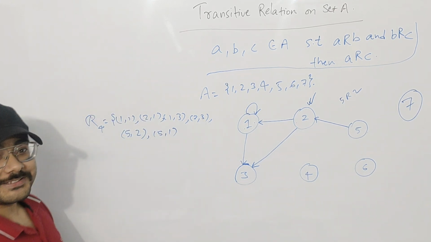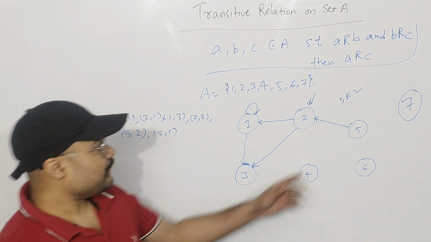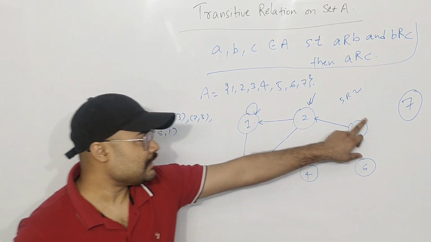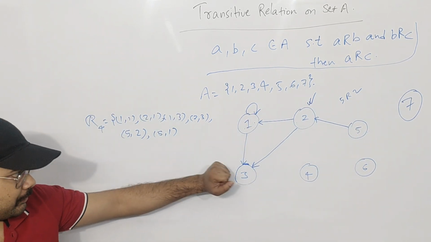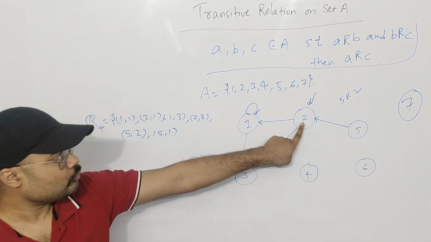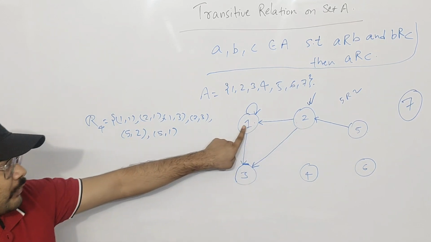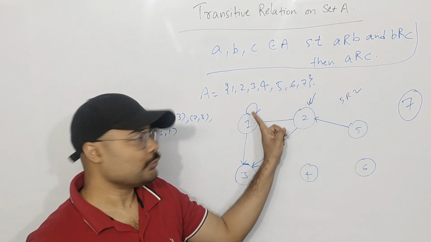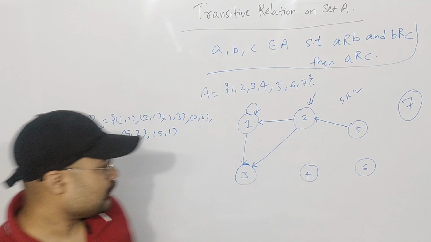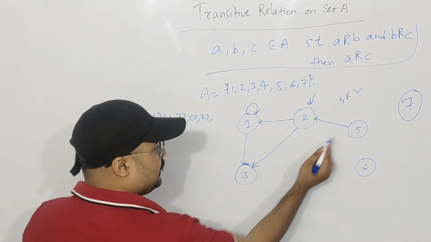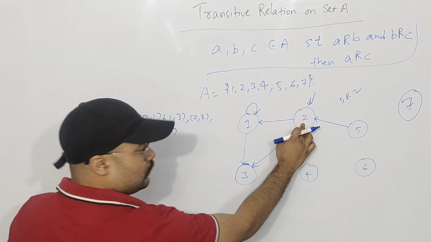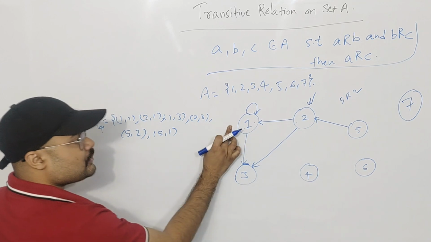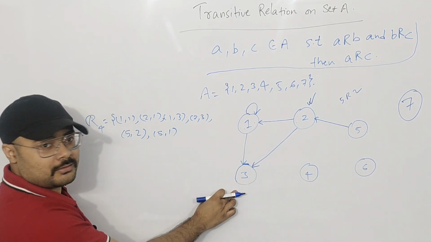Now see this. If you have to make it transitive, then you have to make an edge from 5 to 1, because if 5 is related to 2 and 2 is related to 1, then 5 must also be related to 1. There is a directed edge from 5 to 2, and from 2 there is a directed edge to 1 and 3.